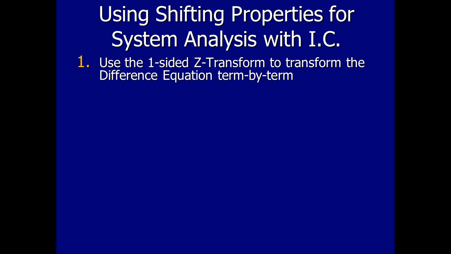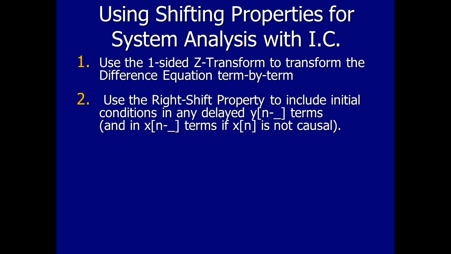So here's the method, and we'll take an example through this method. You're going to transform the difference equation just like we normally do, except this time when we apply the shift property to transform the equation, we're going to end up with some extra terms, the initial condition terms, on the y side and the x side.